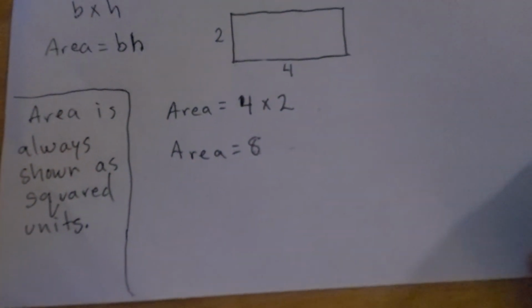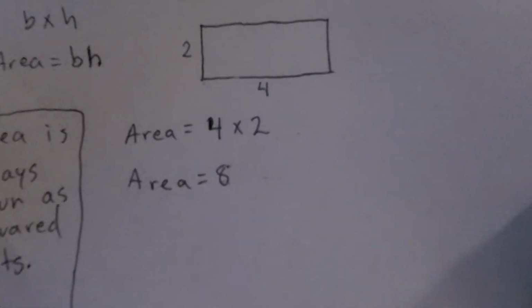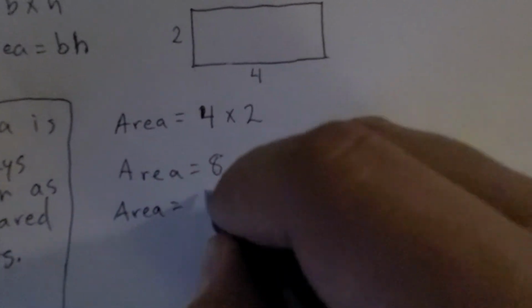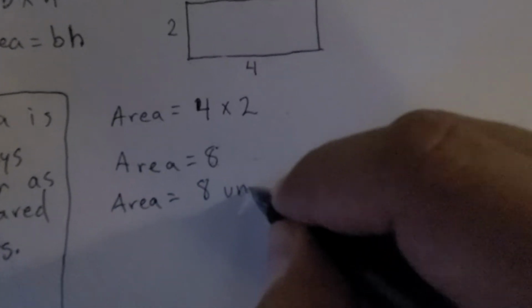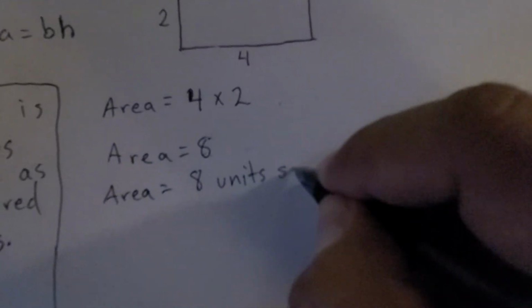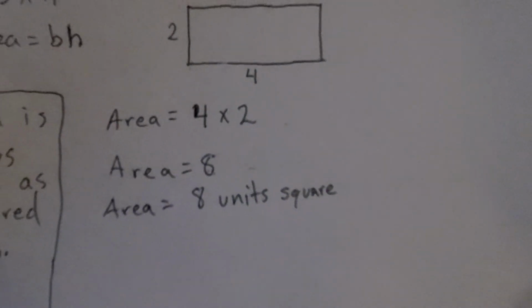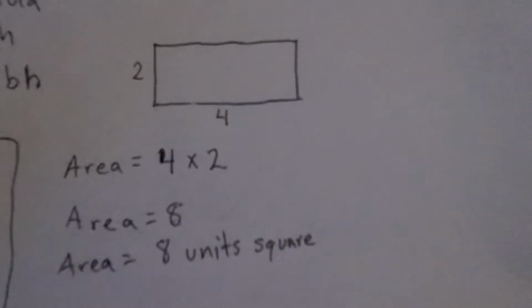So I'm going to leave that right there. Area is always shown as square units. So our answer is going to be area equals 8 units square. I almost forgot how to spell square. Okay.